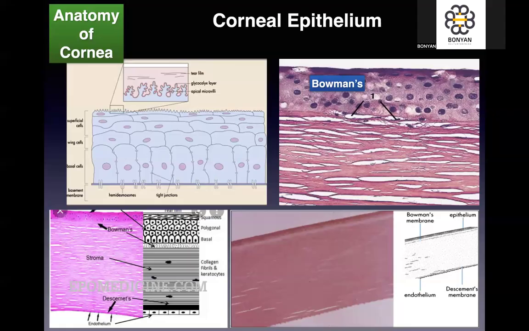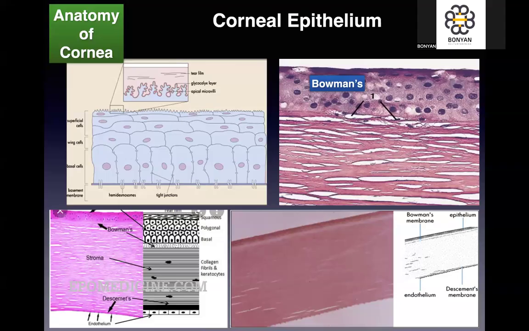Just beneath it, there is the endothelial cell layer, which is a single layer of hexagonal mosaic cells with a very important function, which is the active pump of fluids and electrolytes between the cornea and the aqueous, to and fro movement of the electrolytes and the fluids.